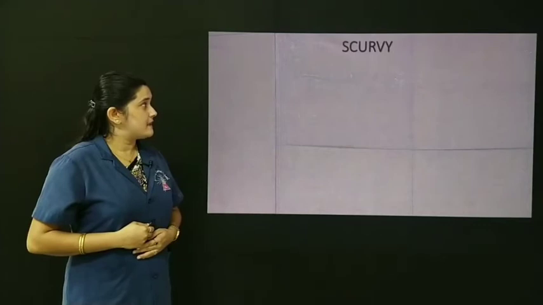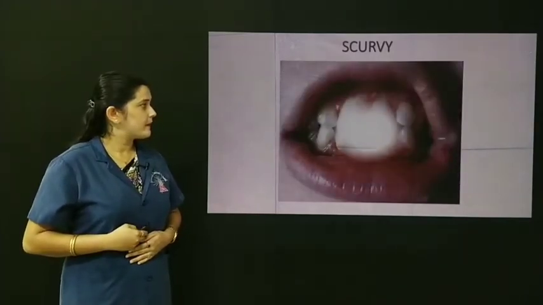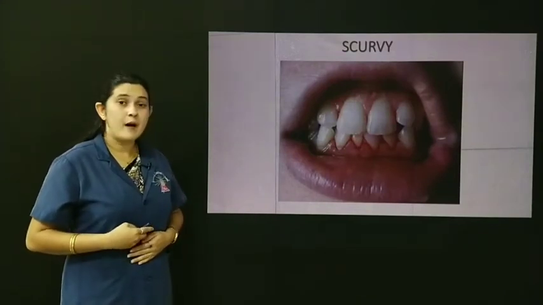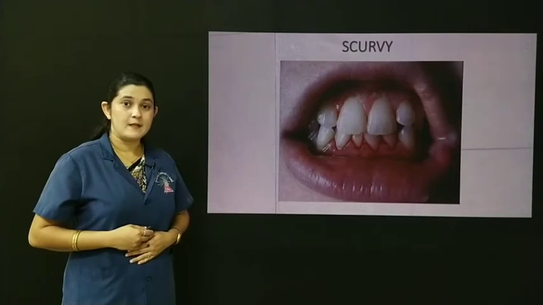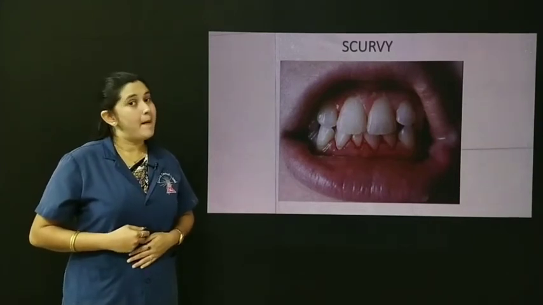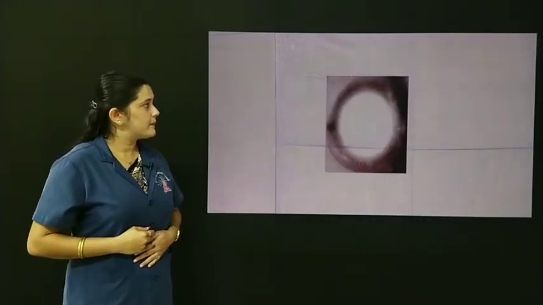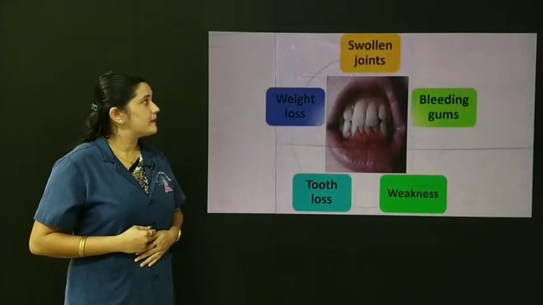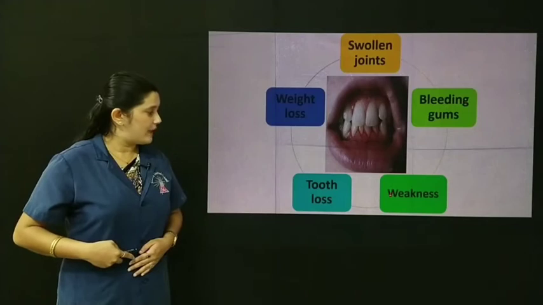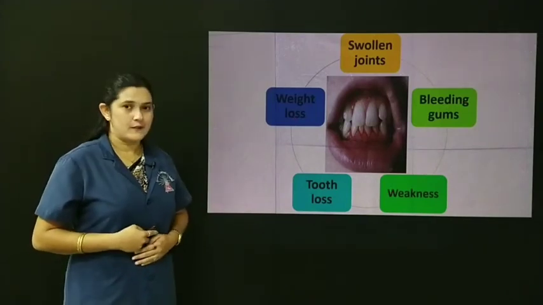The next deficiency disease is scurvy. Here you can see the picture of bleeding gums. One symptom of scurvy is bleeding gums. What are the other symptoms? Swollen joints, bleeding gums, weakness, tooth loss and weight loss.